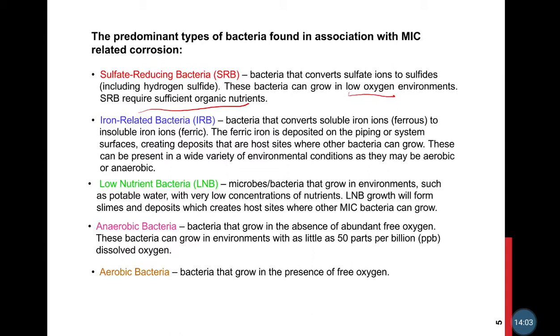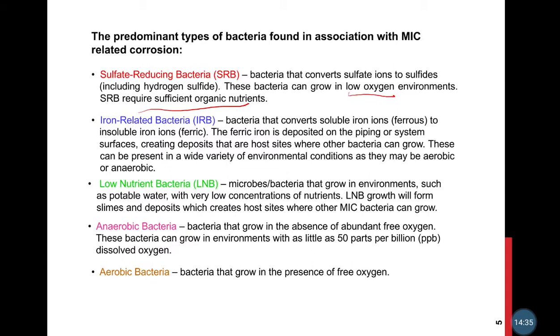So dia punya cara ialah dengan menyediakan satu platform untuk other microorganisma boleh grow dekat site tu. So the fourth one is anaerobic bacteria, which grow in the absence of abundant free oxygen. This bacteria also grow in environment with as little as 50 parts per billion dissolved oxygen.